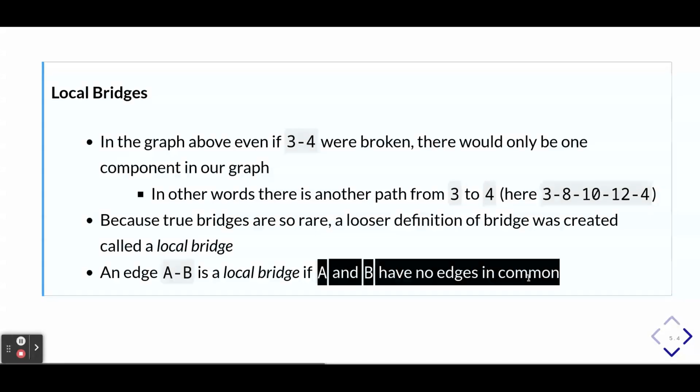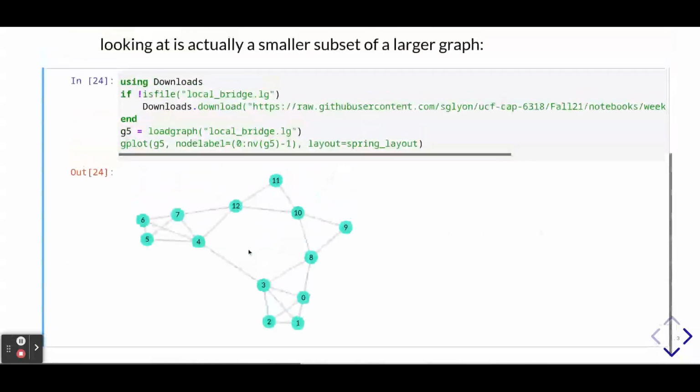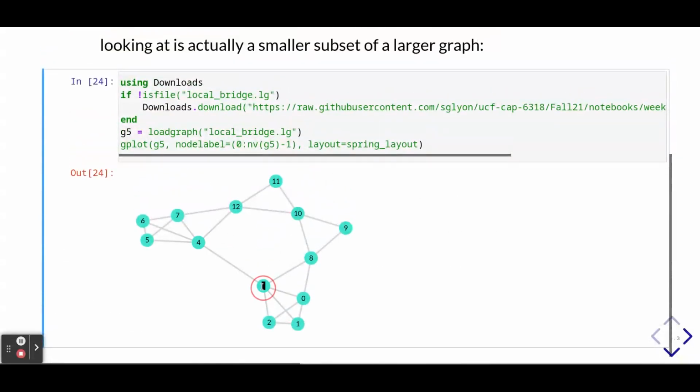Now, if we think about it, if we have a case like 3 and 4, these have no common neighbors, or in other words, all triangles involving both 3 and 4 are open. If we think about 3, 4, 12, well, that's open because it's missing an edge. Or 3, 4, 5, open because it's missing an edge.